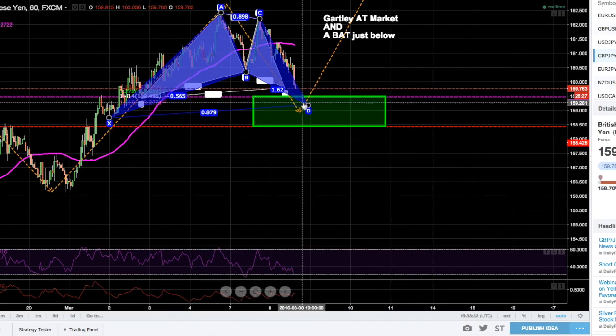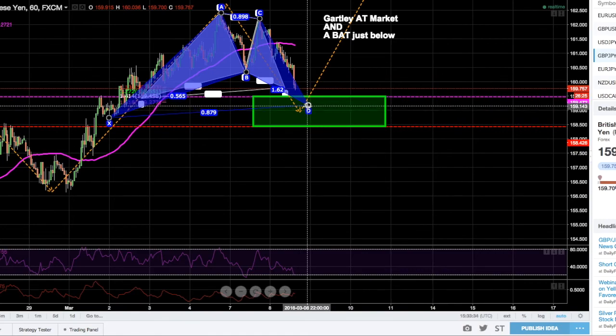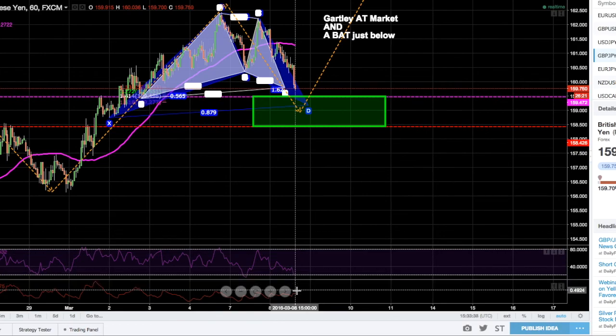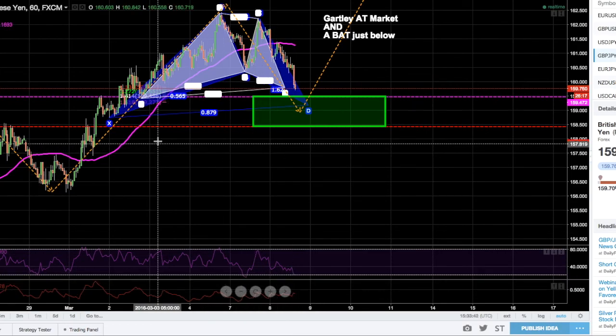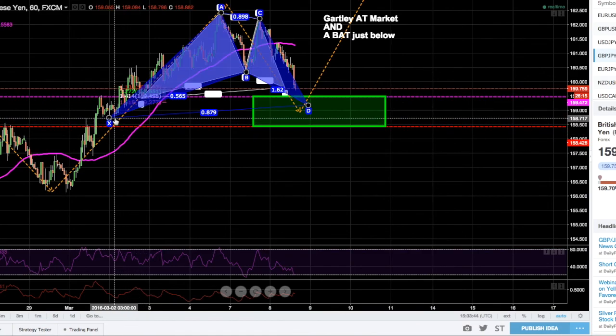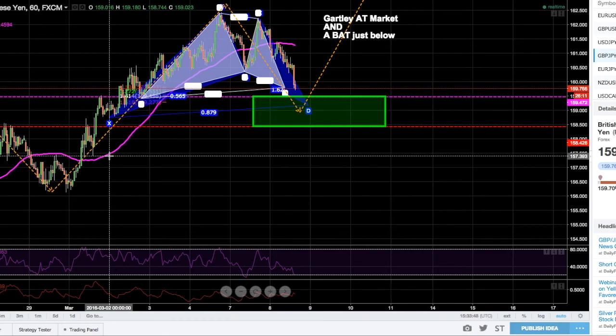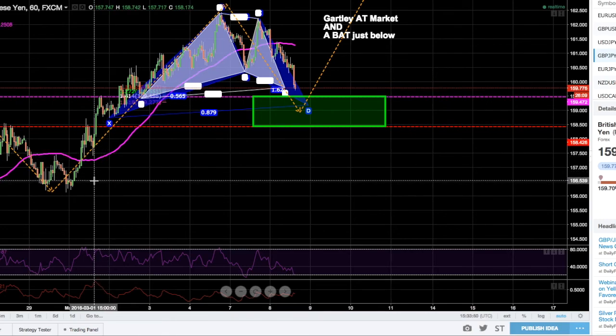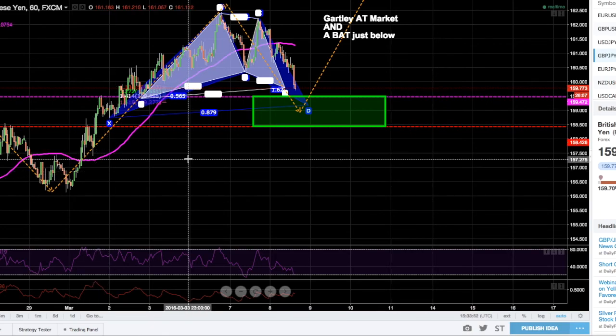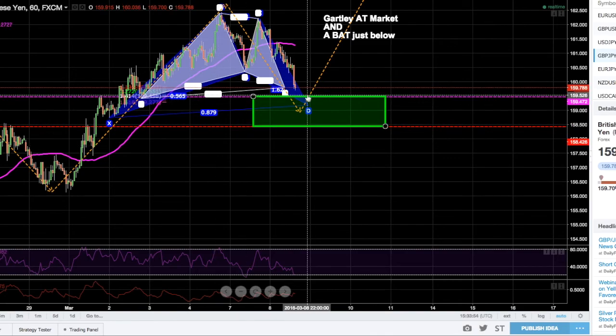We'll have to wait and see if the ATR will change for the bat pattern. I'm guessing not a lot. So about 43, 44 pips below the X of the bat pattern, right? Yeah, so that's targets and stops for you.